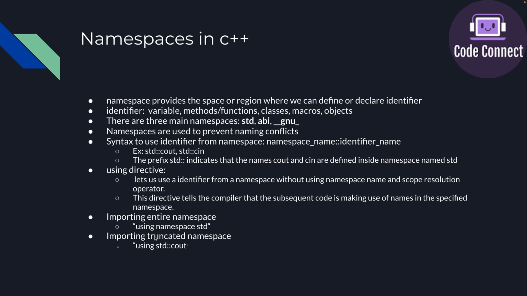In order to import specific identifiers, we can write using std, the scope resolution operator and the identifier name. This is how we can import a particular identifier, or in the same way import cin as well.